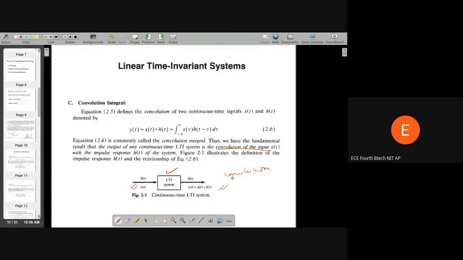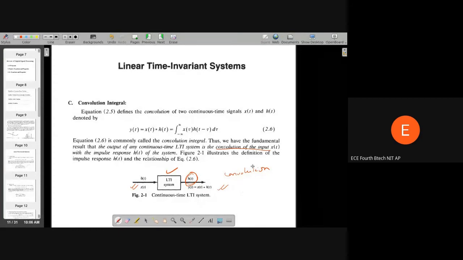And we have something called the impulse response. The impulse response represents how the system behaves. It gives, in a mathematical form, the behavior of the system. It's also said to represent the characteristics of the system.